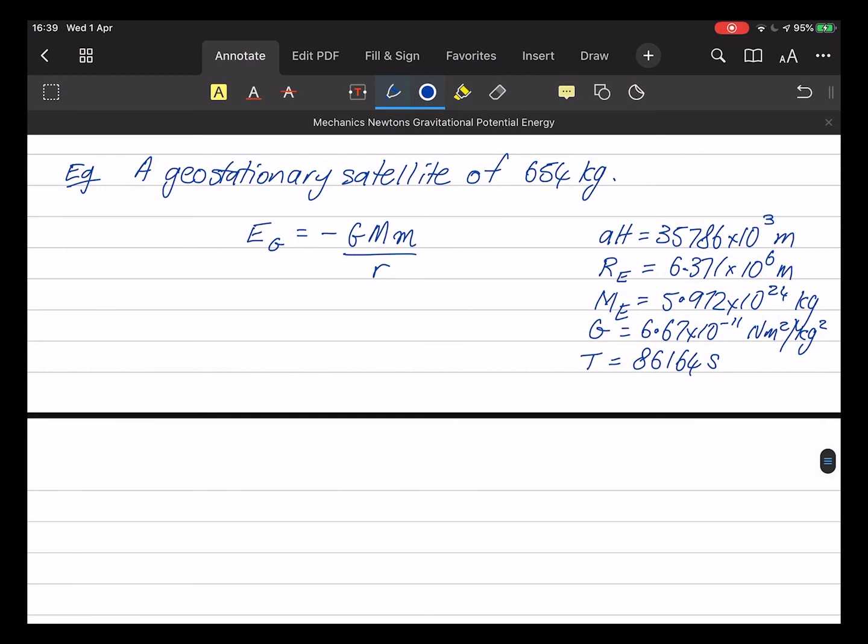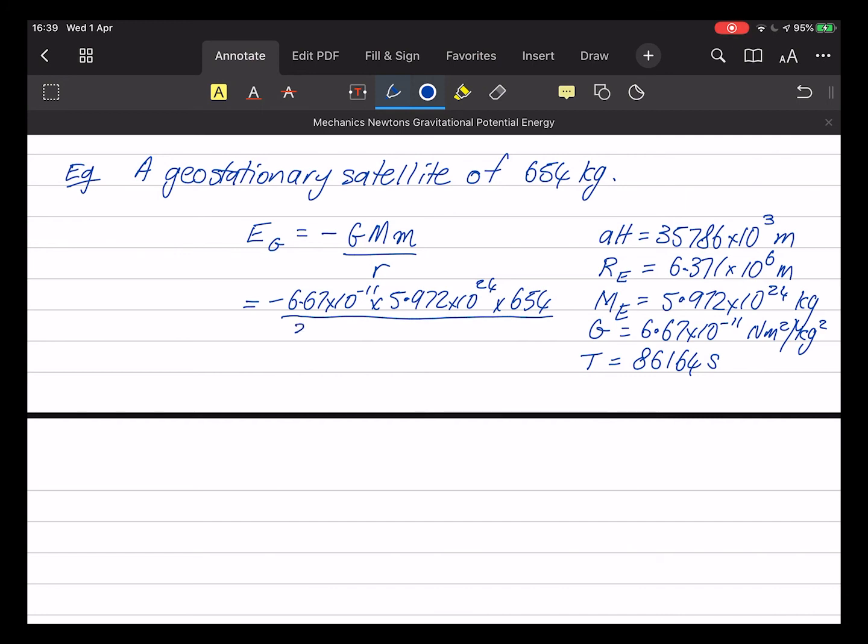All right, let's return to the problem at hand. So the gravitational potential then, minus 6.67 by 10 to the minus 11 times the mass of the Earth, 5.972 by 10 to the 24 times the mass of the satellite, which is 654, all over the radius.